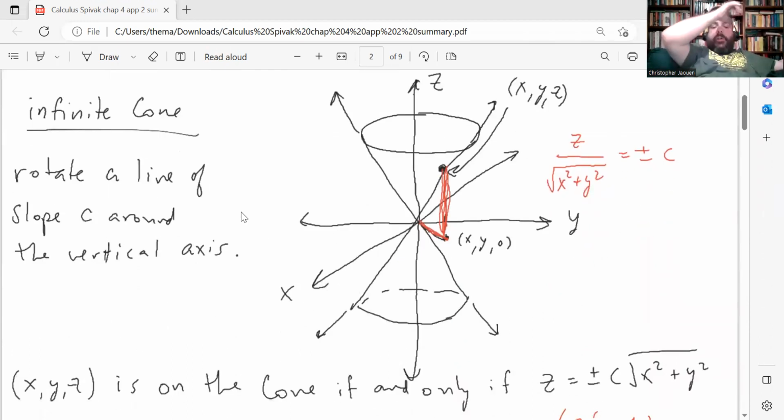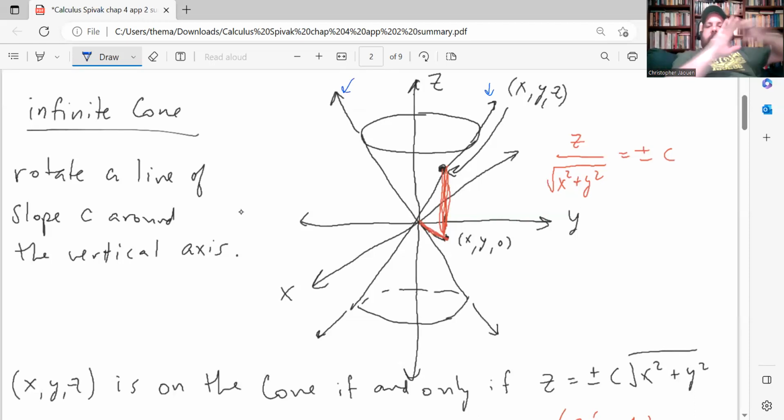So to get a cone, what you do is you take a line and you rotate it around the vertical axis. So the line has some slope C. So this, let me get the pen out here. So this line here has slope C, same thing here, right? So, all the sides of the cone have slope C, if you want to think about it that way.